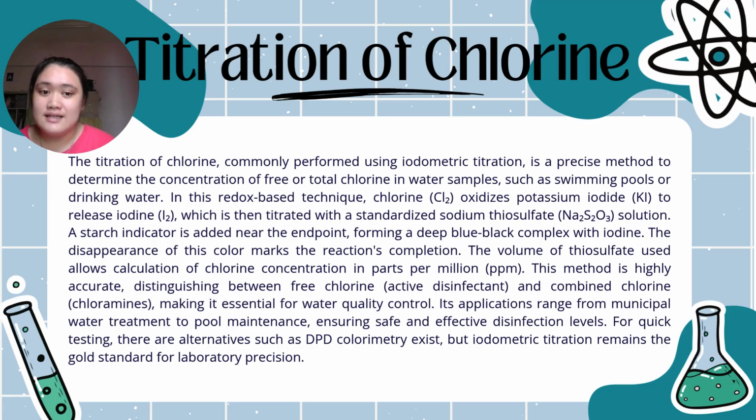It is a precise method to determine the concentration of free or total chlorine in sample water, such as swimming pools or drinking water. In this redox-based technique, chlorine oxidizes potassium iodide to release iodine, which is titrated with a standard disodium thiosulfate solution.